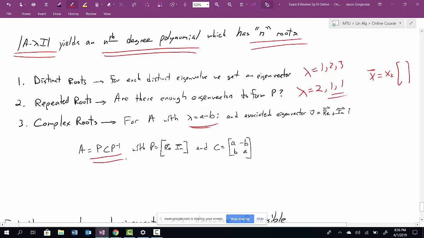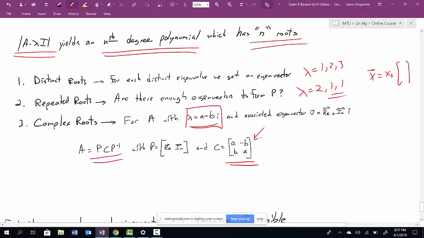We can't find P times D times P inverse, but we can find P times C times P inverse, where C is a rotation matrix instead of a diagonal matrix. Okay? And we have a formula for that. If I find lambda to be a minus bi, then my matrix C is that guy.